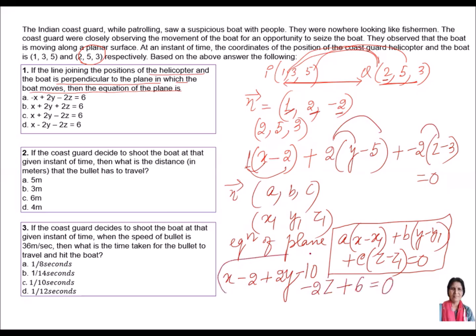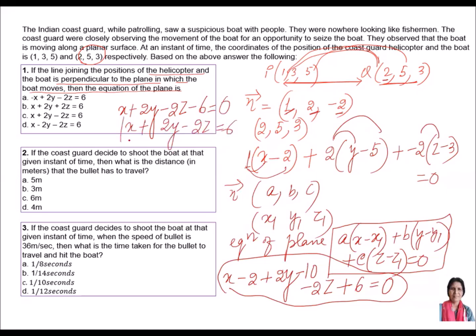Now simplifying this, I'll get x plus 2y minus 2z minus 12 plus 6, minus 6 is 0, or simplifying, I'll get x plus 2y minus 2z is equal to 6. So this will be the answer of this part 1. So what is the answer? x plus 2y minus 2z is equal to 6. So C is the answer.